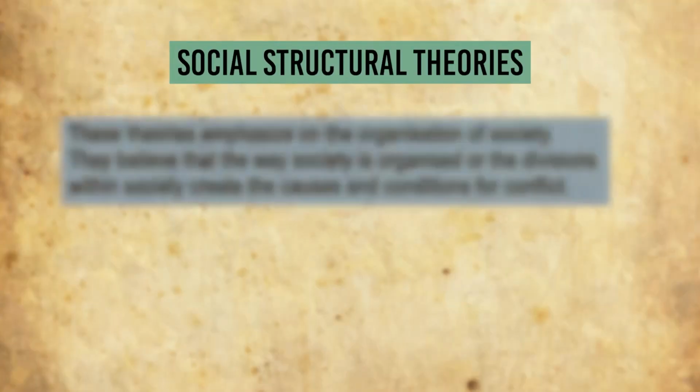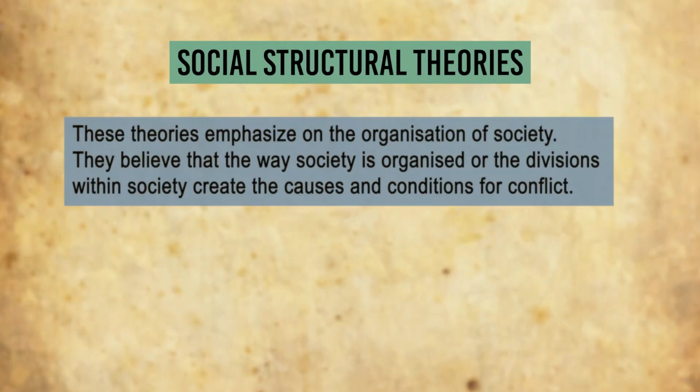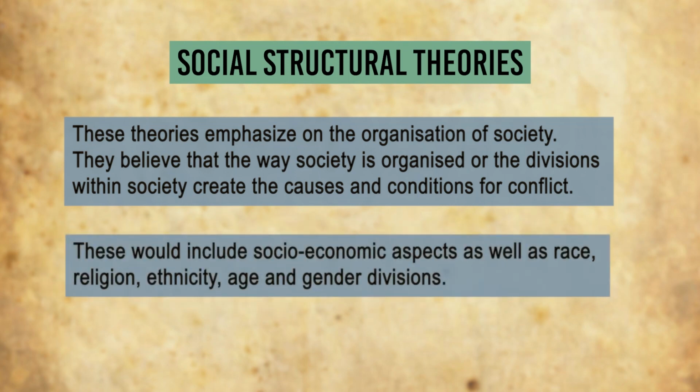They emphasize the organization of society. They believe that the way society is organized, or the divisions within society, create the causes and conditions for conflict. These would include socioeconomic aspects as well as race, religion, ethnicity, age, and gender divisions.